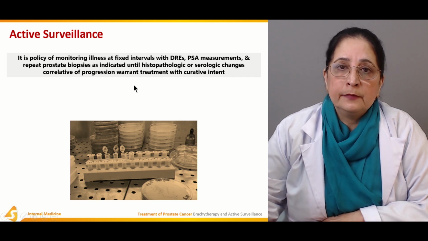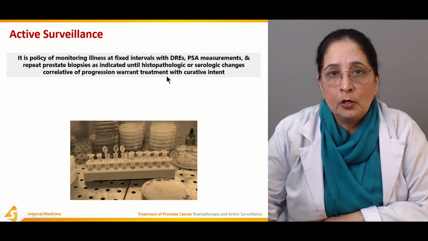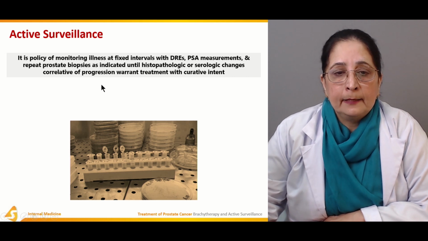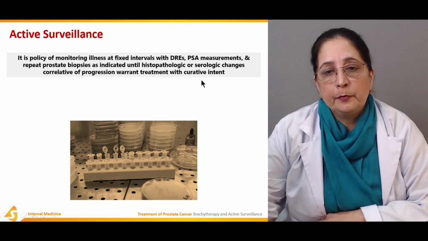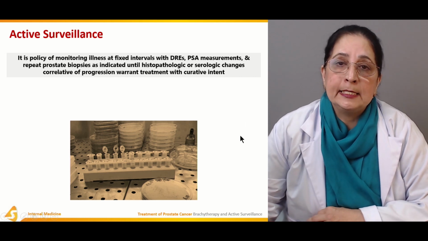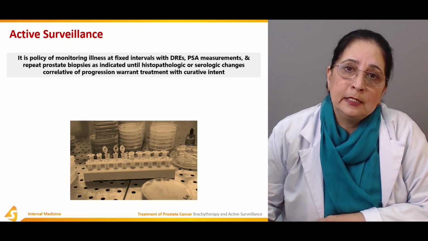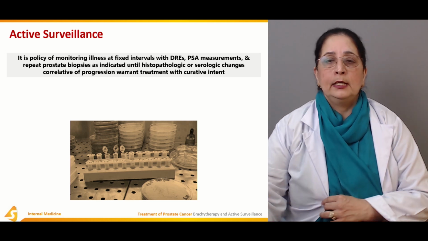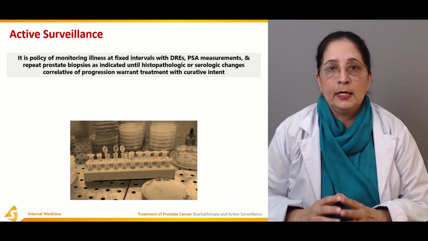And this active surveillance can be done until the histopathology or serological testing correlative of progression warrant treatment with curative intent. And if there is progress of the disease with all these methods, then we should go for these steps that can lead to the cure of the disease.